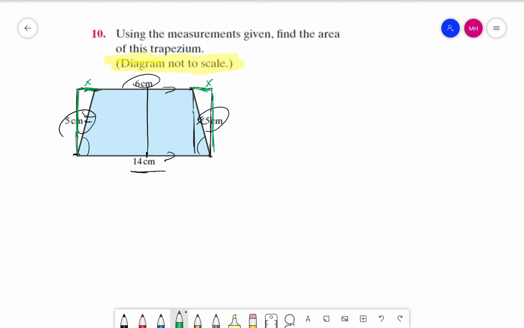So if this is 6, you'd have that being equal to 4 and that being equal to 4 in order to have both lines 14. So I hope that makes sense to people.